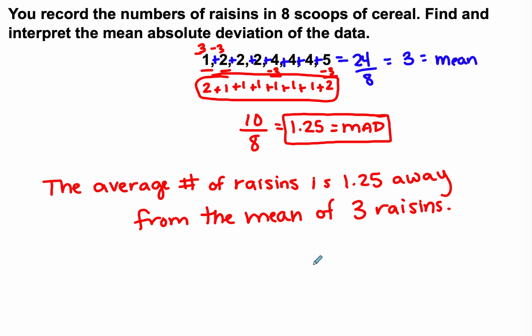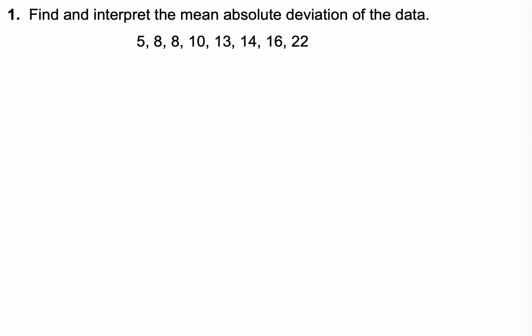What that tells you is the number of raisins in each scoop is pretty close to each other. That's a pretty small MAD. If it was 10, then there's a huge amount of difference in what you're getting from one scoop to the next.